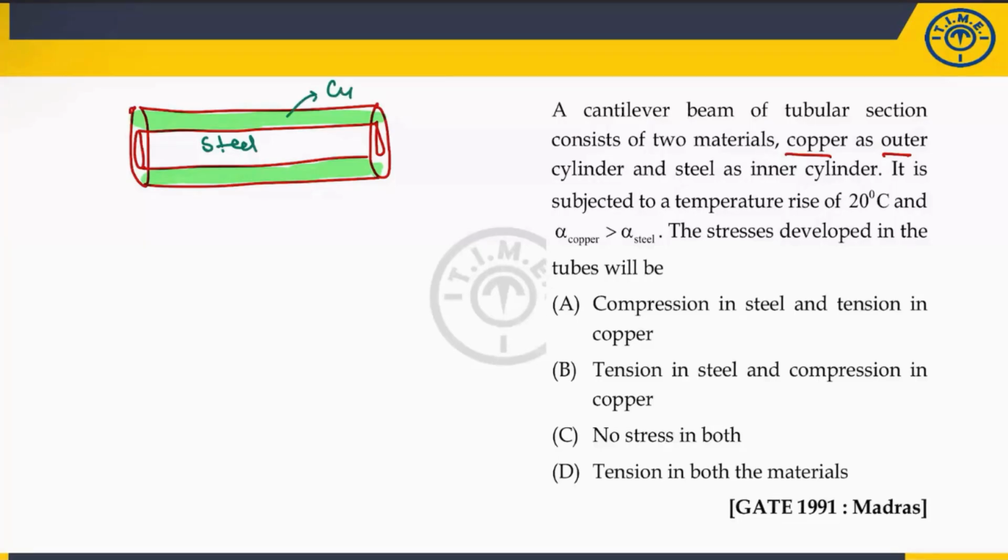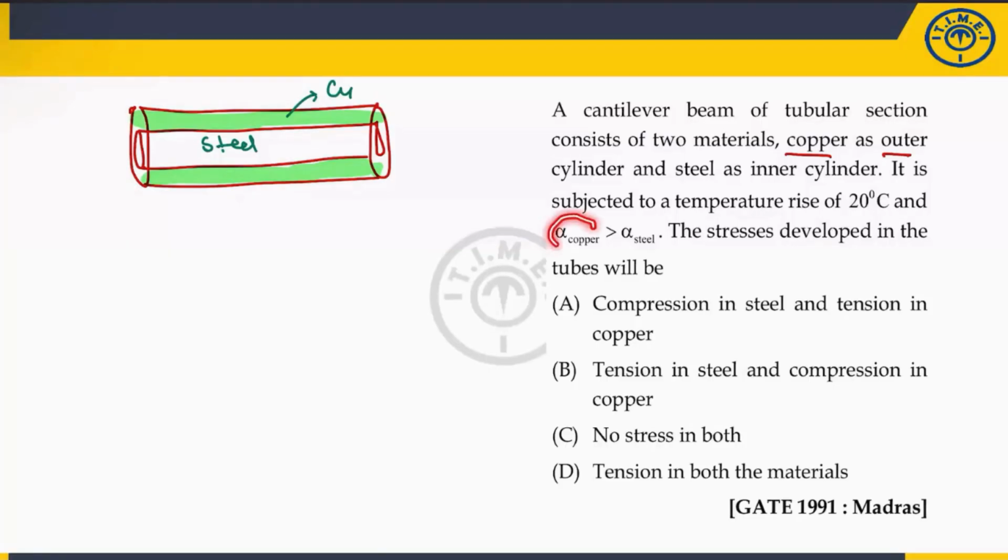Okay. Now it is subjected to a temperature rise of 20 degrees centigrade. Now what you are doing? You are increasing the temperature of this composite rod by 20 degrees centigrade.